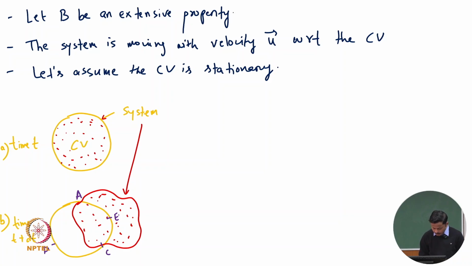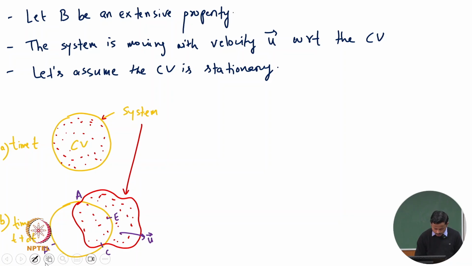The system is moving out with a velocity. This velocity is u. So this is going out at velocity u, and u is arbitrary, so it can point in any direction as with any velocity vector. It can have 3 components.